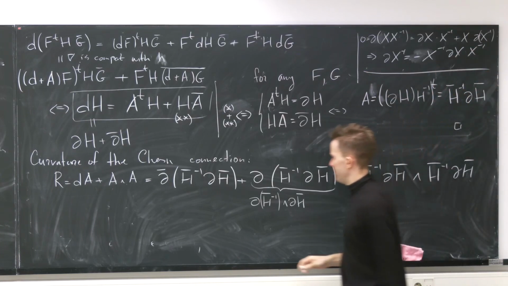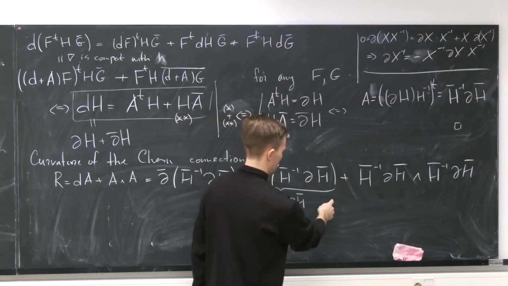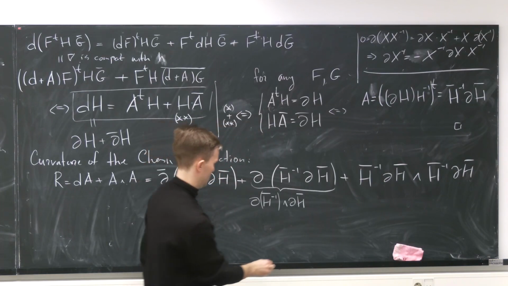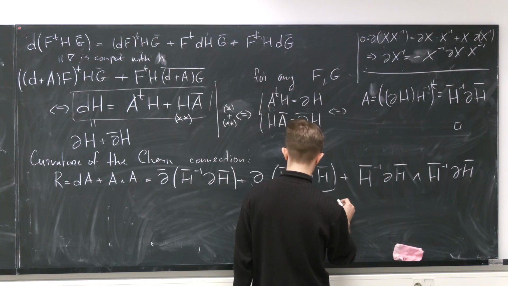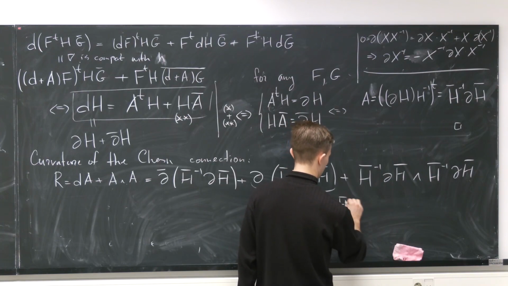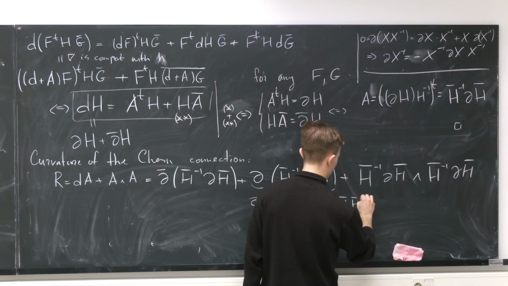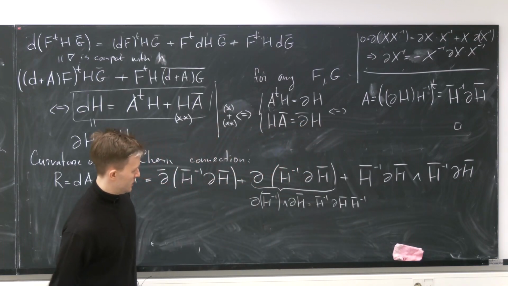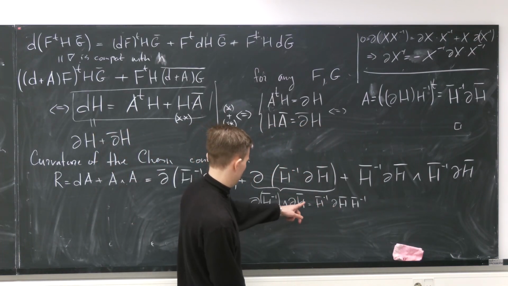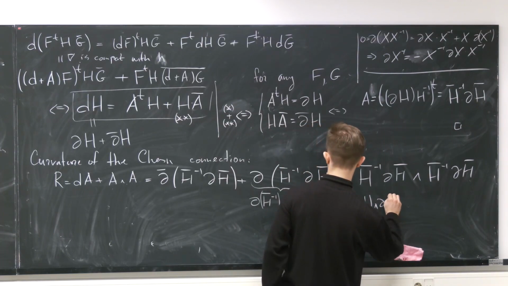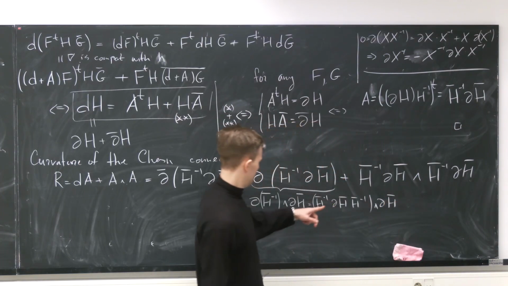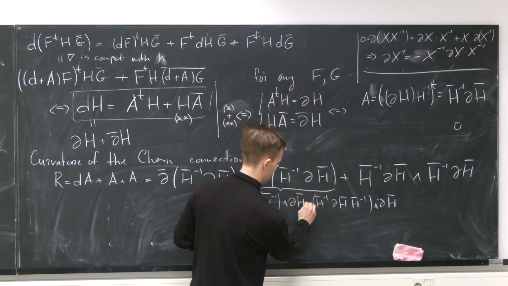So in this case I actually get H bar inverse del H bar inverse, and that is H product with del H bar, and a minus here also.